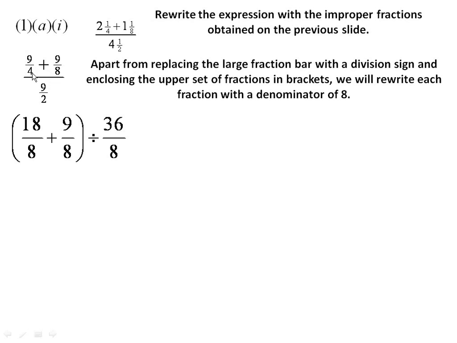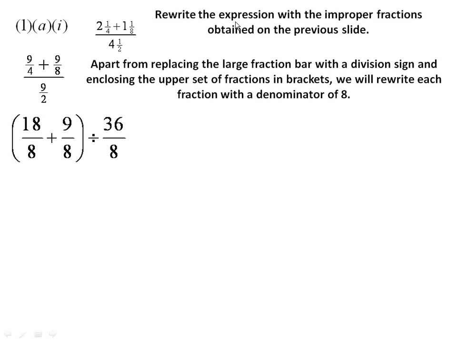Therefore, we multiply the denominator by 2 and the numerator by 2. So we have 4 times 2 is 8, 2 times 9 is 18. As a matter of fact, if we reduce this fraction by a common factor of 2, the result is still 9 over 4. Also, we have 9 over 2 as the lower set of fractions.